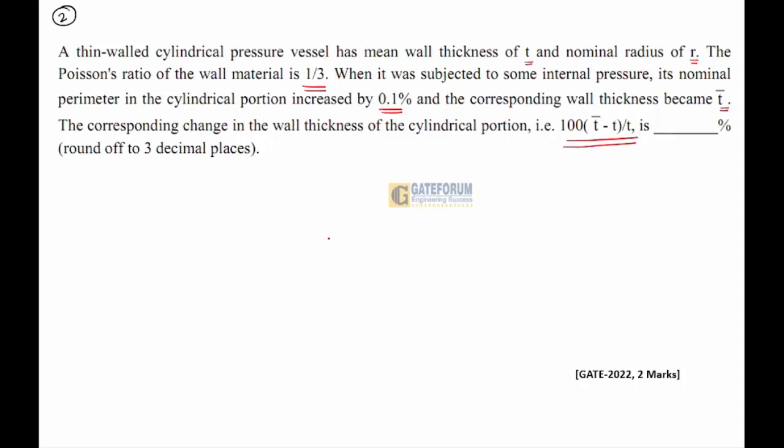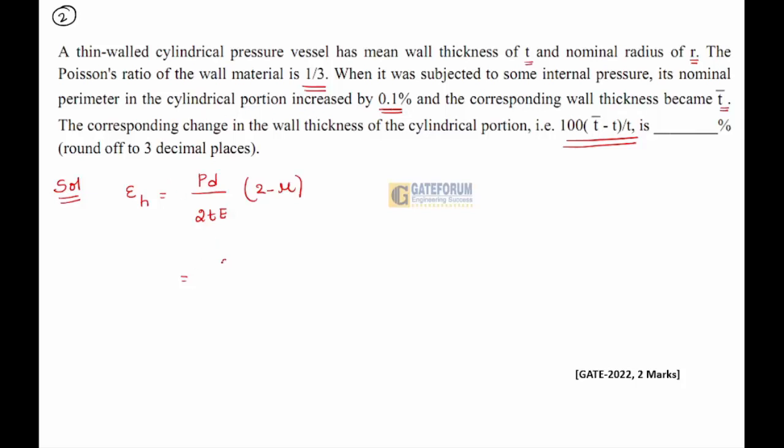Basically, this is a question from thin cylinders, right? The hoop stress can be given as PD by 2T, and the hoop strain is PD by 2TE into 2 minus mu. How much is the nominal parameter in the cylinder portion increased?